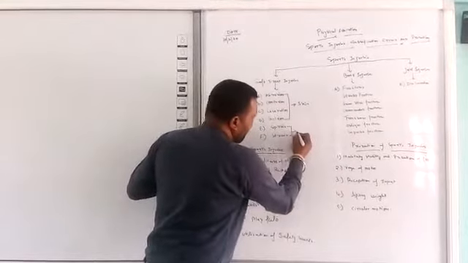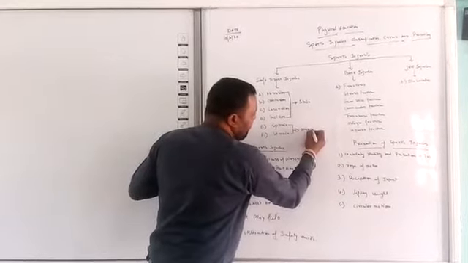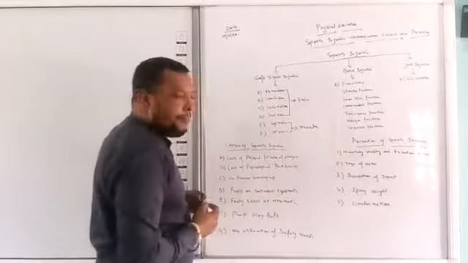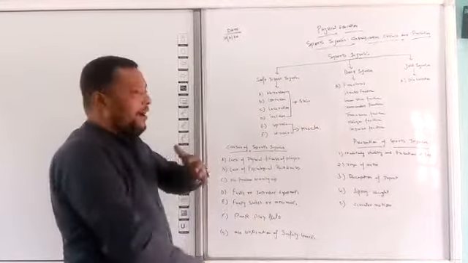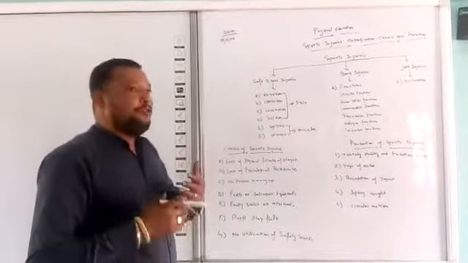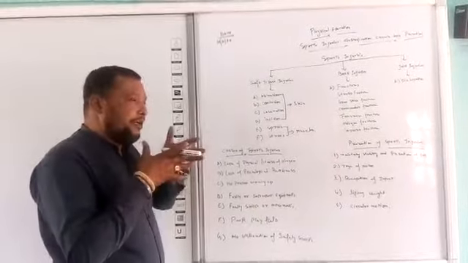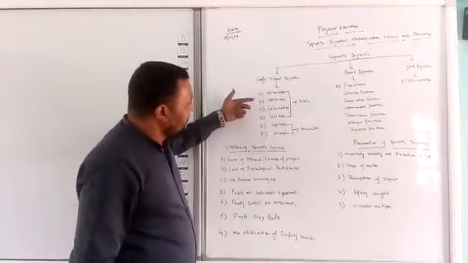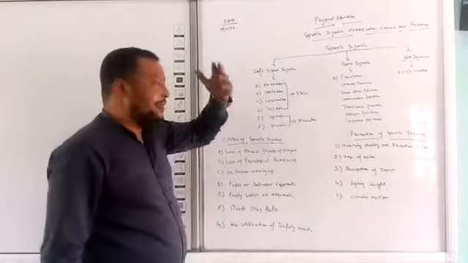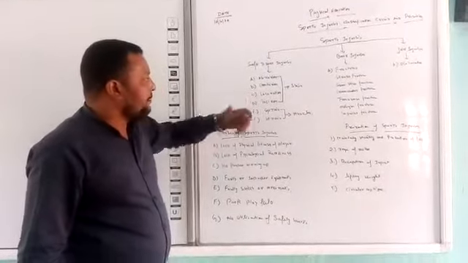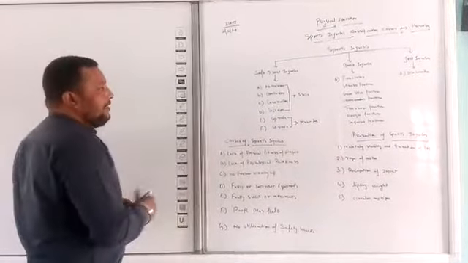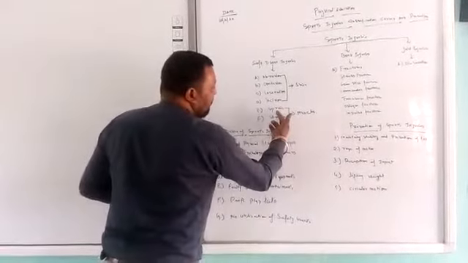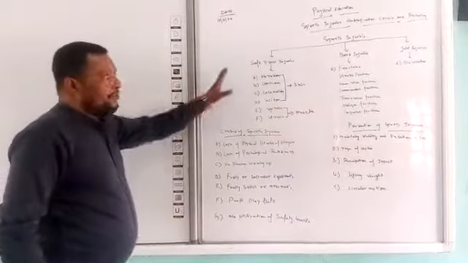Sprain and strain are related to the muscles. The first line of defense of the body is skin. After the impact, the first injury should be on the skin. And there are ranges: abrasion is the normal one, contusion is a slightly higher level, laceration is a little deep, and incision is a deep cut. After that, if the impact is very high, it affects the muscles, which is related to sprain and strain. So these are soft tissue injuries.